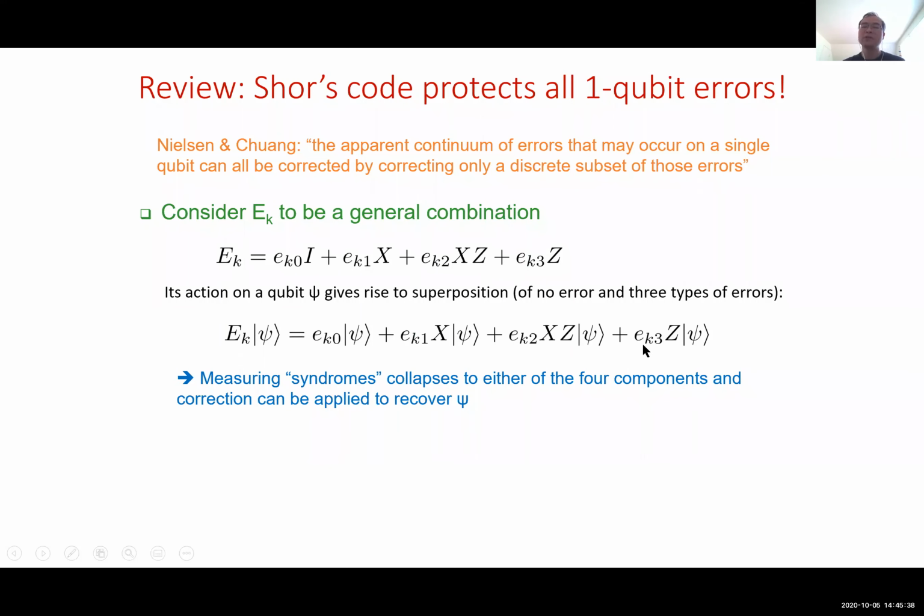If only one particular qubit has a phase flip, then it collapses to this state. Or if you have both bit flip and phase flip, then it's collapsed to this one. And from these, we know how to correct back to the original state psi. Okay, that's one way to understand that.